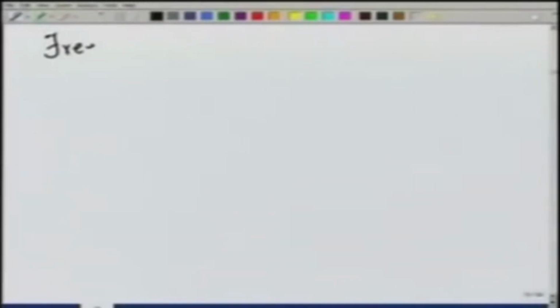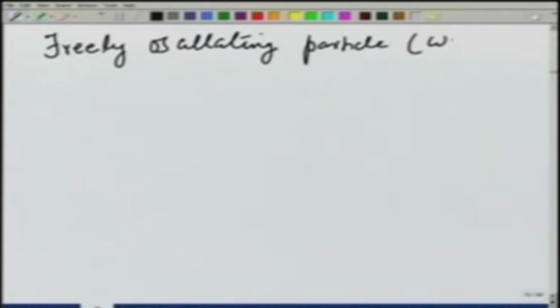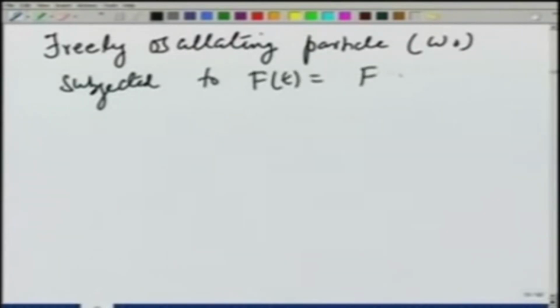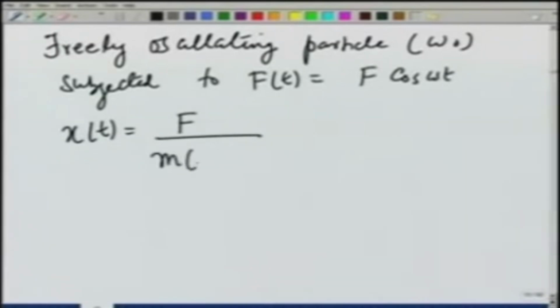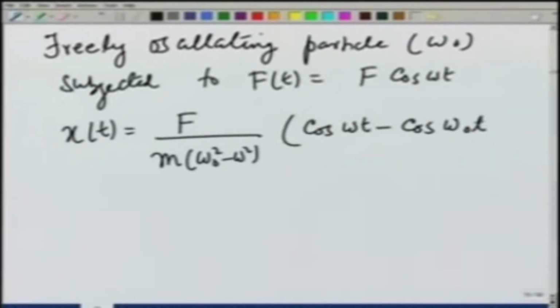So, the general solution for a freely oscillating particle with natural frequency omega 0 subjected to a time varying force which is F cosine of omega t is x of t is equal to, let me take this out, F over m times omega 0 square minus omega square, times cosine of omega t minus cosine of omega 0 t.